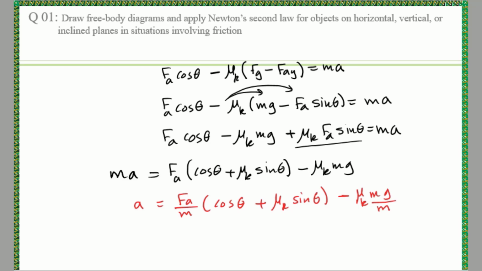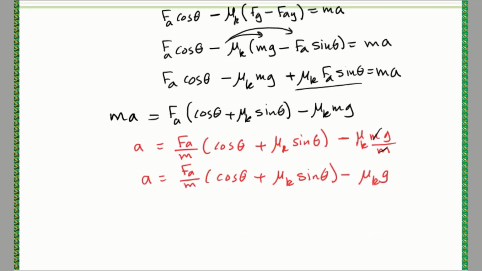Now we can cancel m, and the acceleration will be Fa over m times cosine theta plus mu k sine theta, minus mu k times g. Now we can substitute our numbers to find the acceleration.